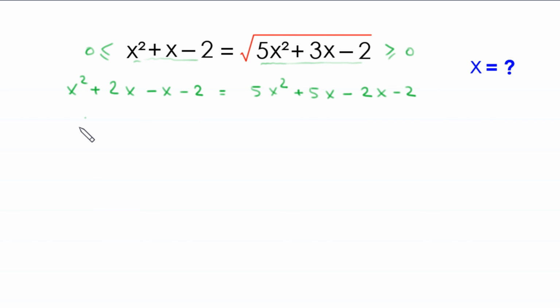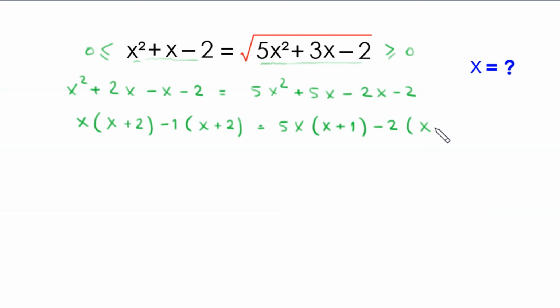From the first two terms we can factor out x in brackets, x plus 2. From the next two terms we can factor out negative 1 in brackets, x plus 2. For the right hand side, from the first two terms we can factor out 5 times x in brackets, x plus 1, and from the last two terms we can factor out negative 2 in brackets, x plus 1.